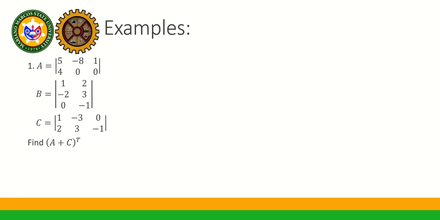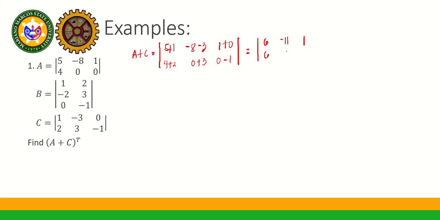Okay, so first thing we should do is add muna natin si matrix A and matrix C. So this will be equal to matrix A, that is 5, then plus 1, tapos negative 8 minus 3, and then 1 plus 0, 4 plus 2, 0 plus 3, and 0 minus 1. So if we simplify that, this will be 6, negative 11, 1, then 6, 3, and negative 1.